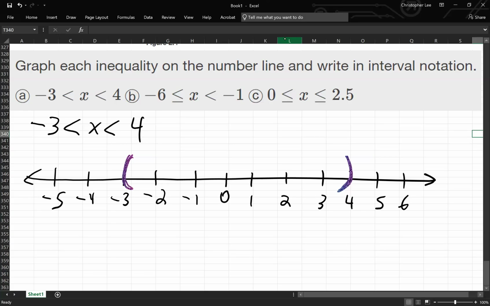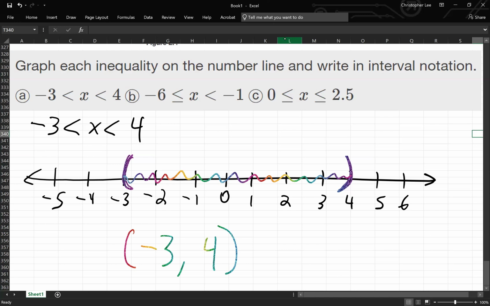And it's going to be all the numbers that are in between. In terms of interval notation, this is going to be open parentheses, -3, comma, 4, close parentheses. All right. Questions on this?